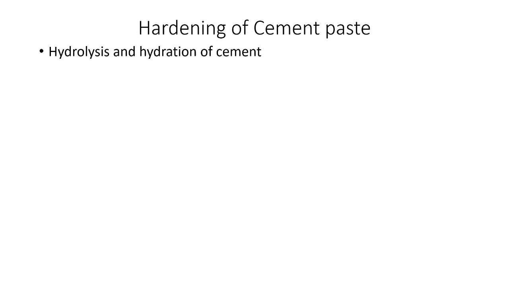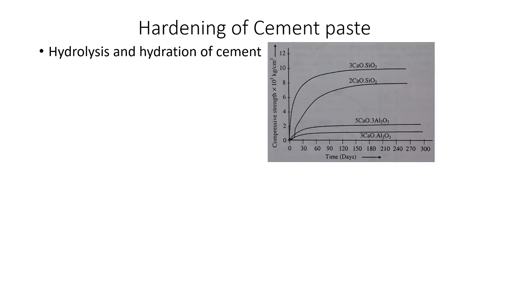This figure shows the rate of development of compressive strength with time. On the x-axis there are the number of days, so for a year this graph is plotted to show how compressive strength is developed. In C3S cement, the strength is very high, but it is not quick setting.